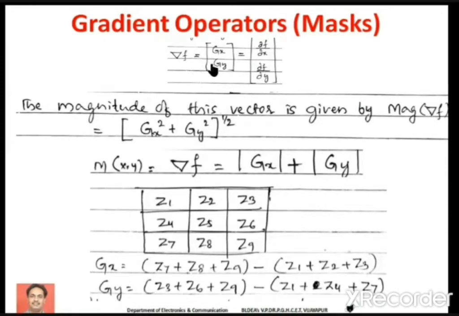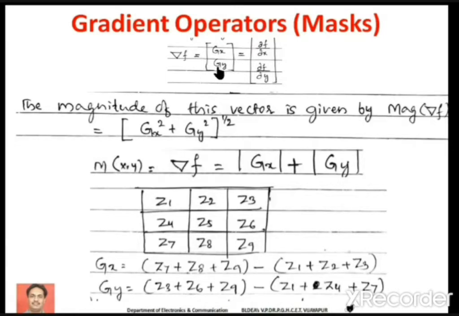It can be represented as a column vector with two values, gx and gy. Gx means the gradient along the x direction and gy the gradient along the y direction, because the image is a two-dimensional function f of x comma y.